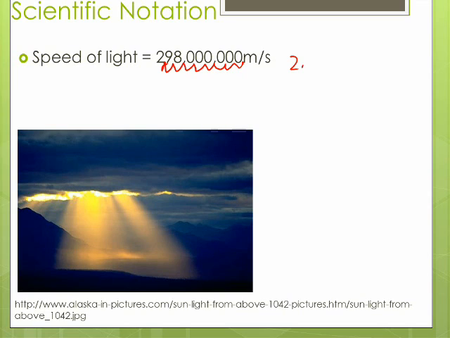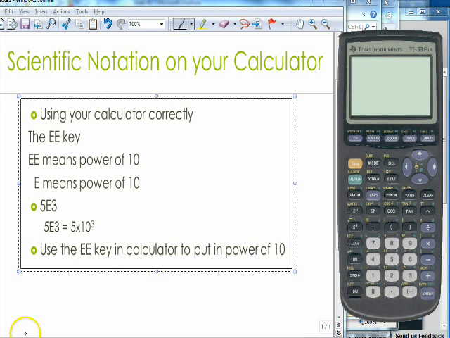So this is going to be 2.98 times 10 to the 8th meters per second. Our friend Lars, we went to the left here, so we use the addition sign. And if it's positive, you don't have to say +8.